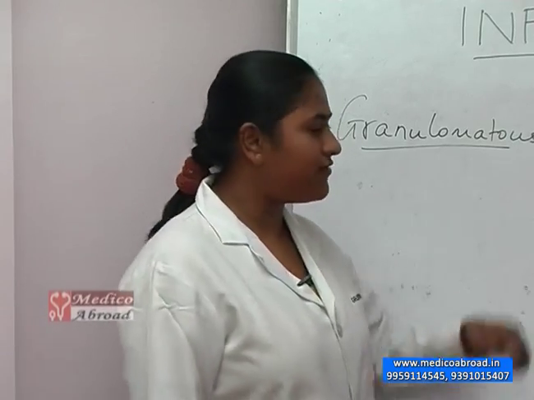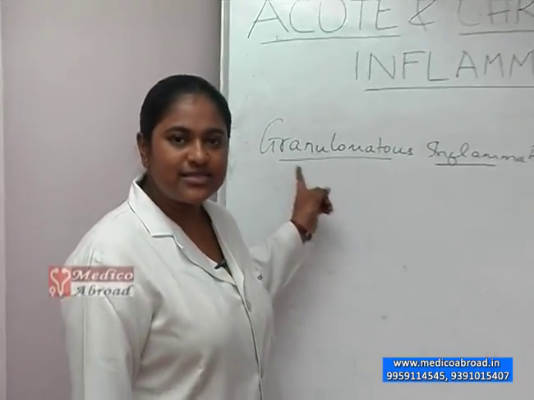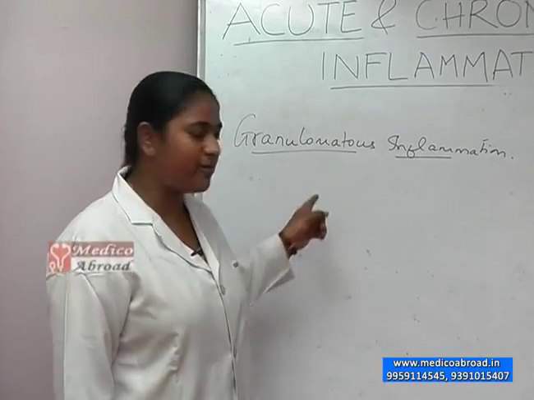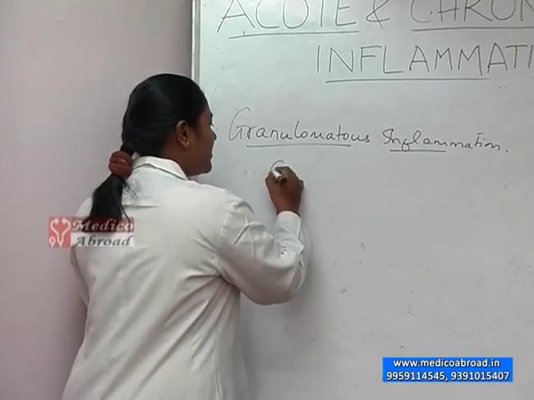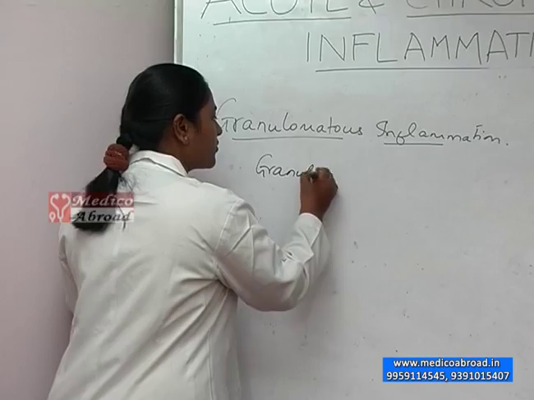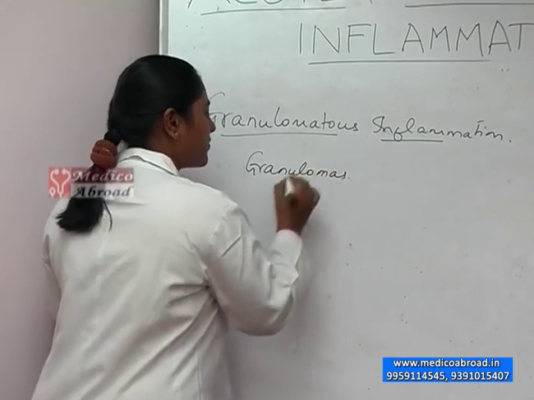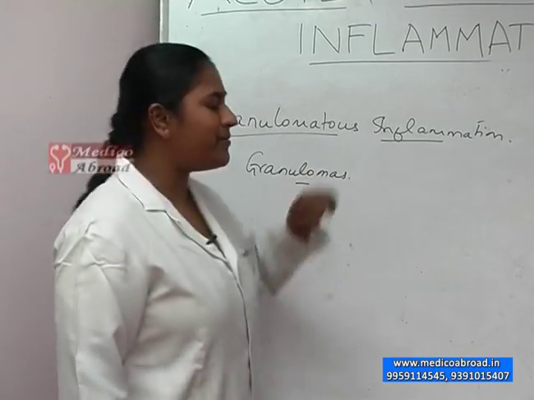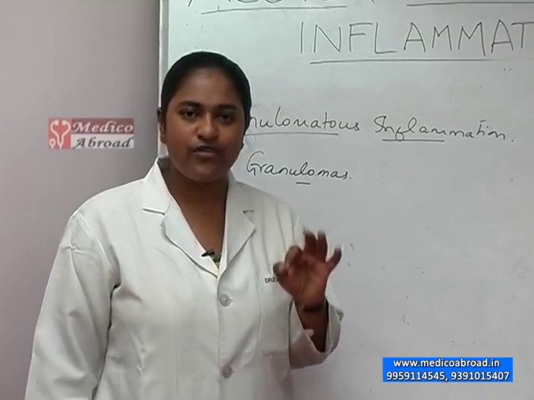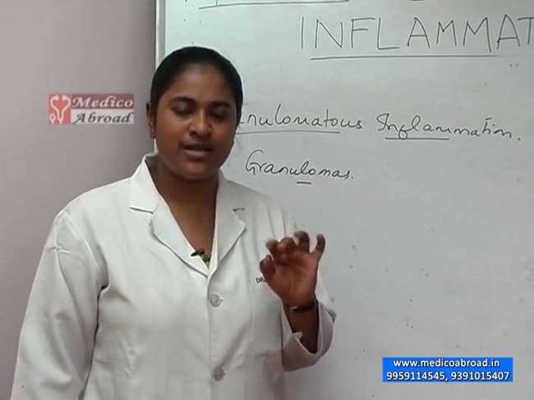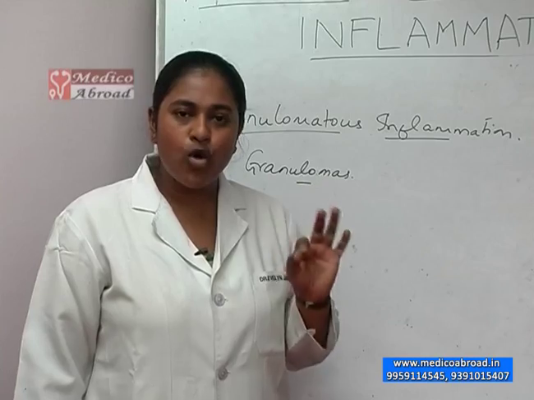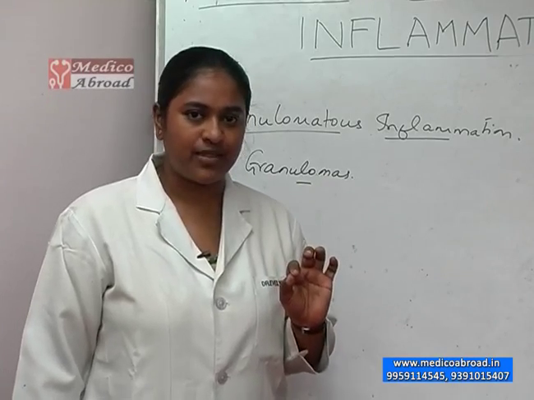Now let's look at a specific type of chronic inflammation called granulomatous inflammation. This is a specific type of chronic inflammation characterized by granulomas. Granulomatous inflammation has a focus of active macrophages surrounded by mononuclear leukocytes.